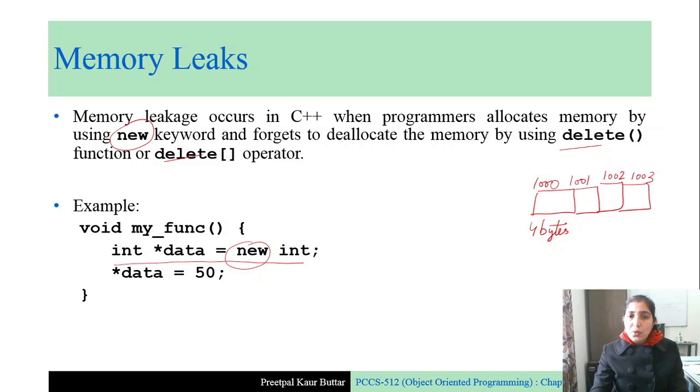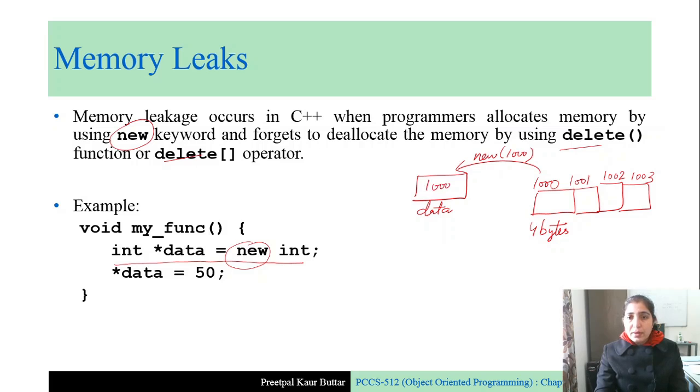So what the new operator will do is allocate memory equal to the size of an integer, that is 4 bytes, and it will return the base address. The new operator will return the base address, that is 1000 in this example, and it will be held by a pointer variable int star data.